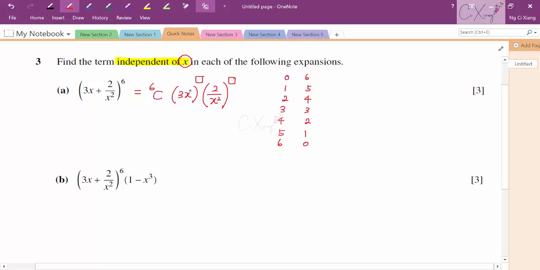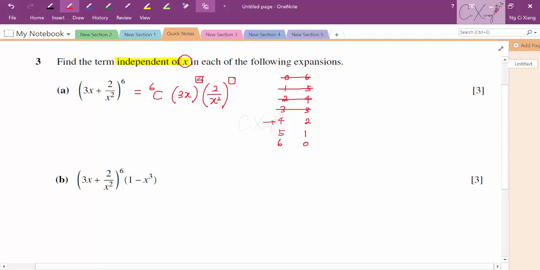So for me, before I apply try and error, I will have a look at this term and also the 2 over x squared. Definitely the power for 3x must be larger than the power for 2 over x squared, so that I can cancel off these two terms to get the term which is independent of x. All right, so the smaller powers in front, I will ignore, and I will start from this one.